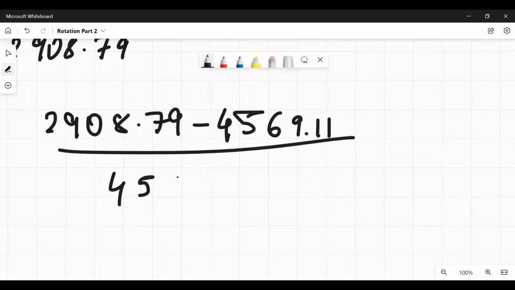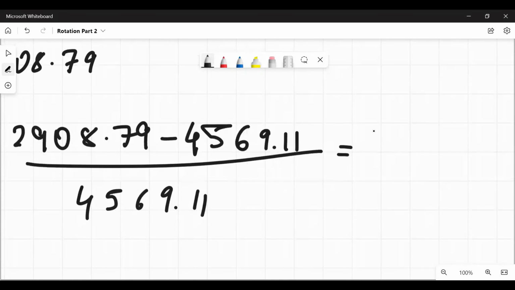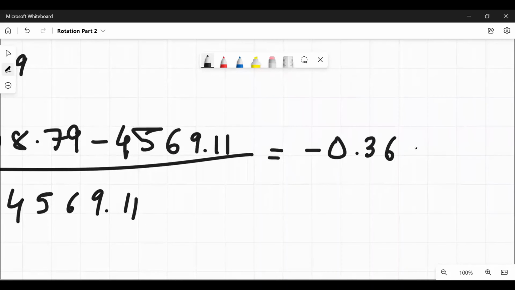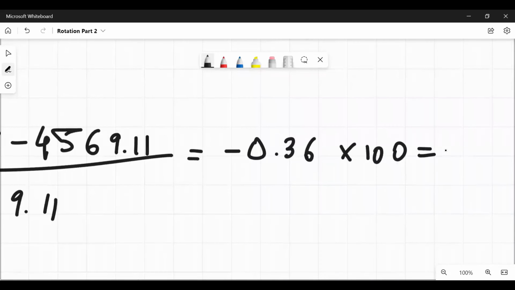And so after we calculate all of this, negative 0.3633793014. So we're just going to round it to two decimal places. And if we want to find the percentage, we can just multiply by 100, which gives us 36%.